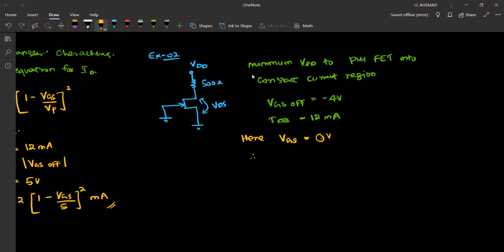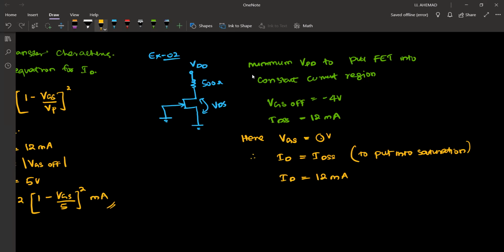Therefore, ID is equal to IDSS to put it into saturation. Is that point clear? If I want to bring this into saturation, ID has to be equal to IDSS. So ID is 12 milliamperes.